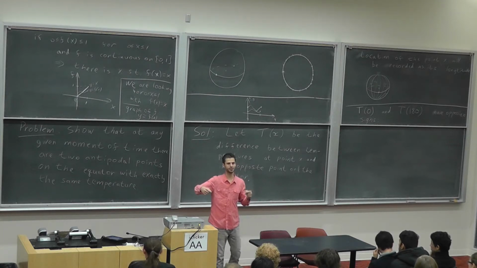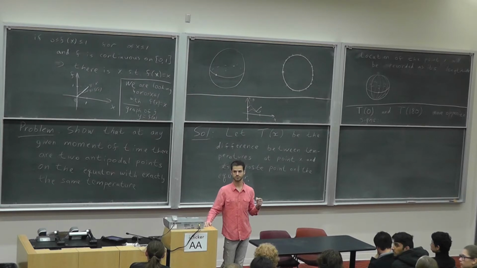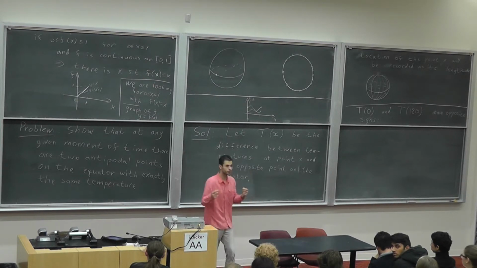Is it now obvious why we have different signs? They are exactly the same but with opposite signs.